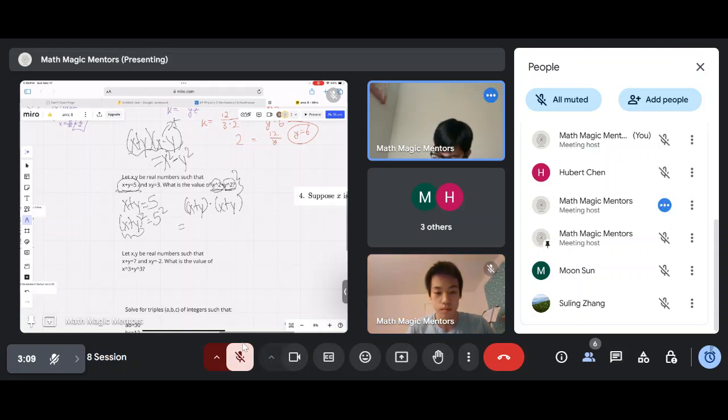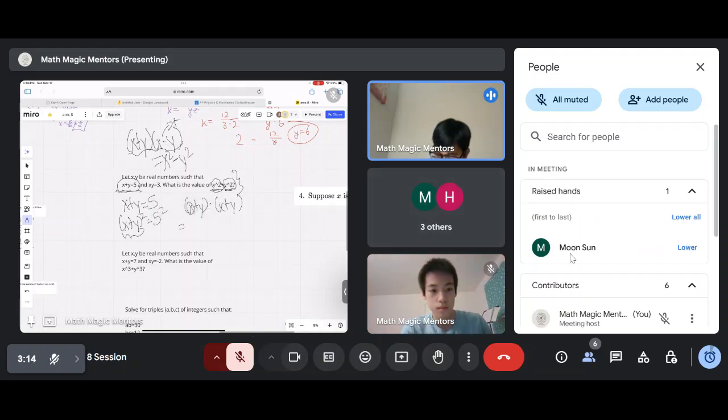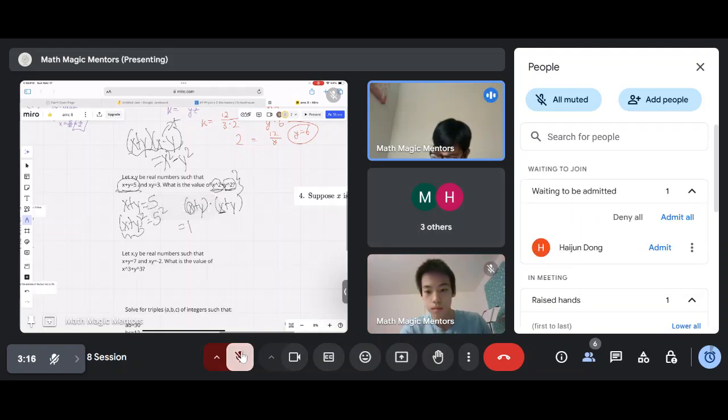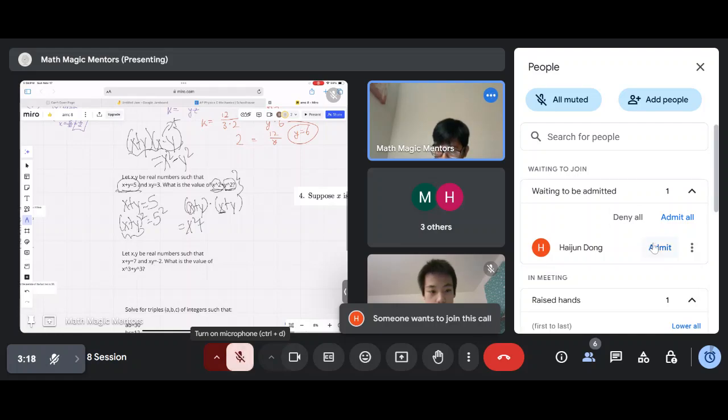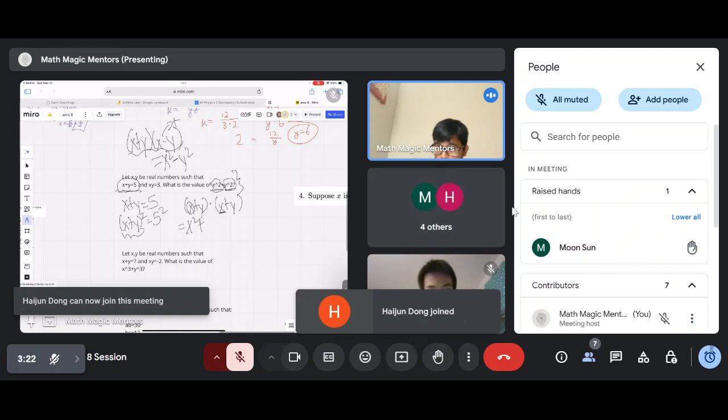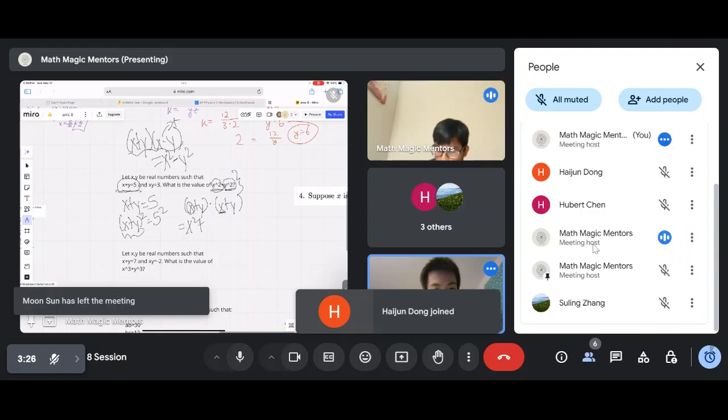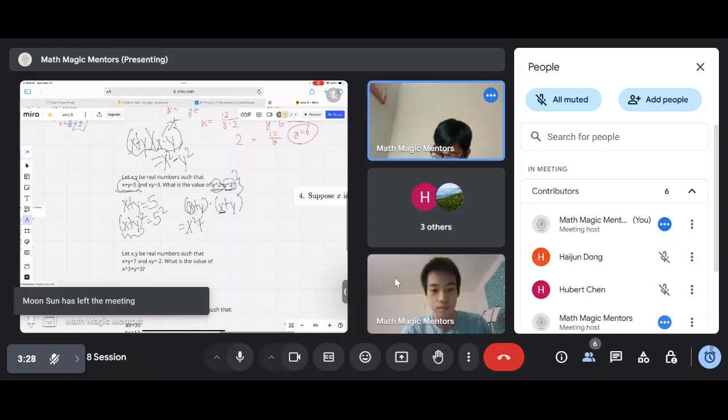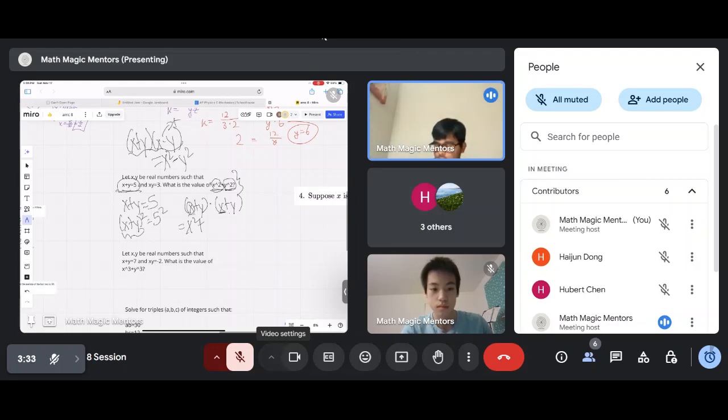You can take this x, for example, and multiply it by this first x and get x squared, and then multiply the x and the y here.